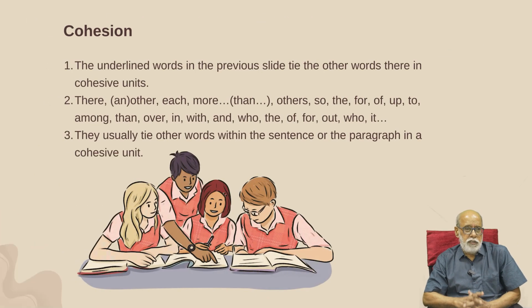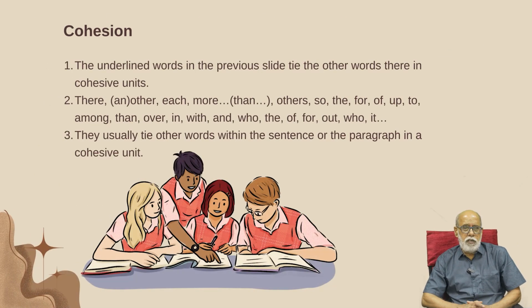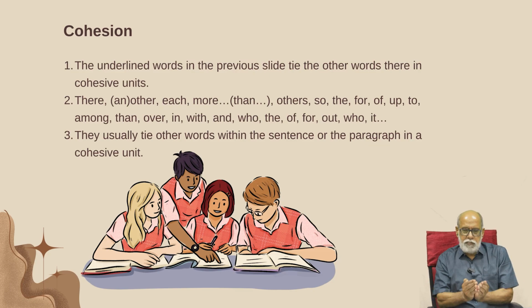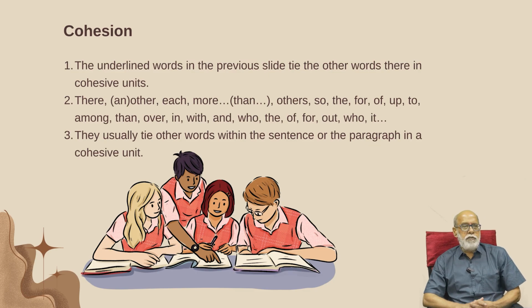So, this is cohesion. The underlined words in the previous slide tie the other words there in cohesive units. Without them, those are loose words. They don't contribute to the meaning. With these words, they become cohesive units, united together in one group. What's the difference between a crowd and a family?